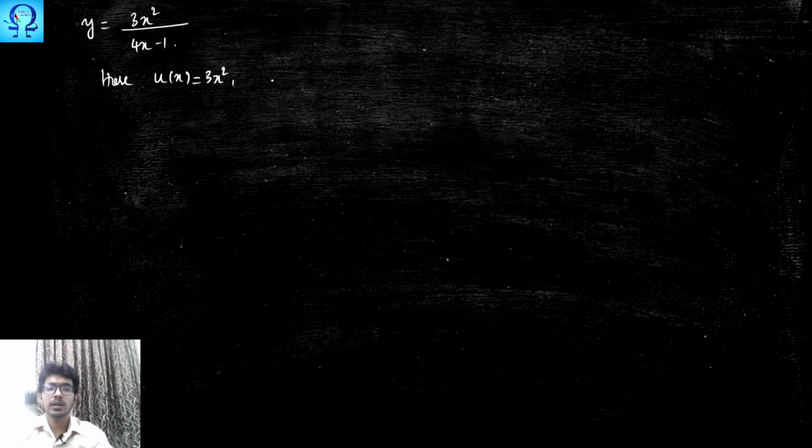Next problem is y is 3x squared upon 4x minus 1. Here also we are going to take u of x as 3x squared and v of x as 4x minus 1. Then y becomes u upon v.